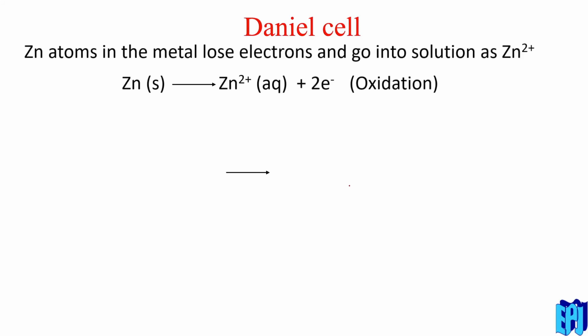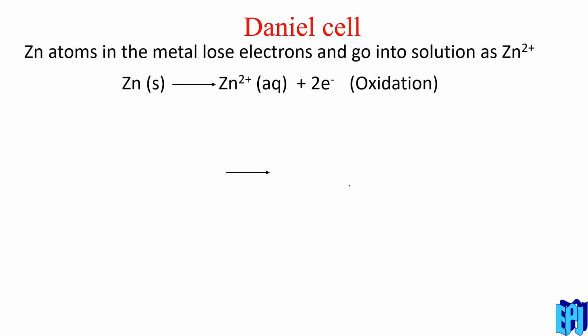We know that zinc is the anode, so it undergoes the oxidation reaction. We can write Zn gives Zn2+ plus 2 electrons. Why? Zn2+ is stable because of its 3d10 configuration.